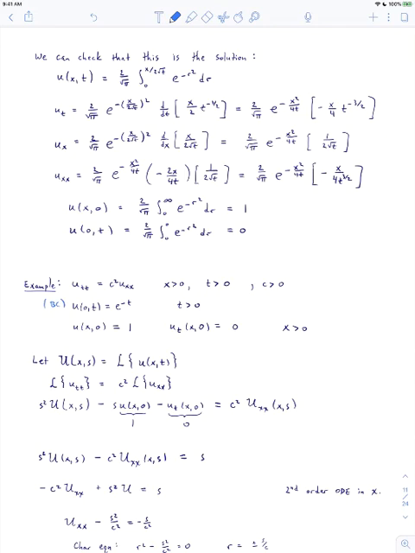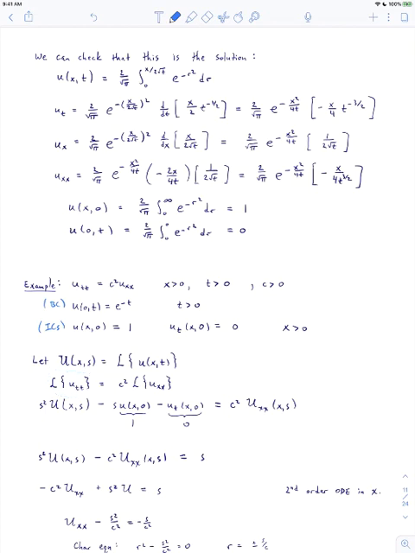And we have two initial conditions now. We need two initial conditions because we have two time derivatives. All right, so again, we're going to let capital U be the Laplace transform of lowercase u, just like before. All right, so the Laplace transform of both sides. On the left, we have the second derivative with respect to t of u.